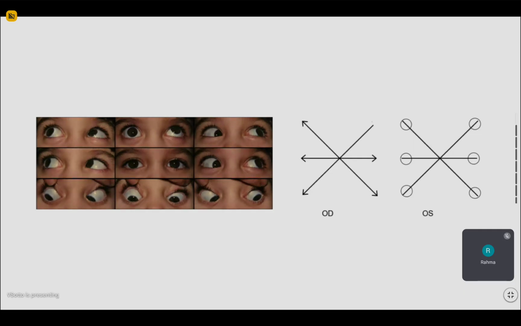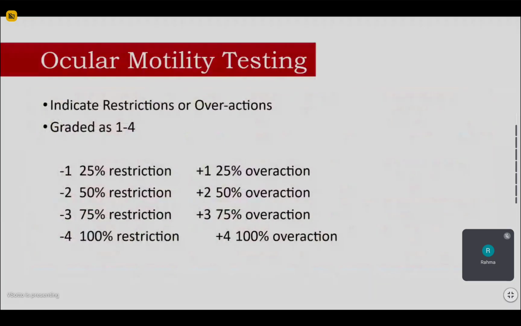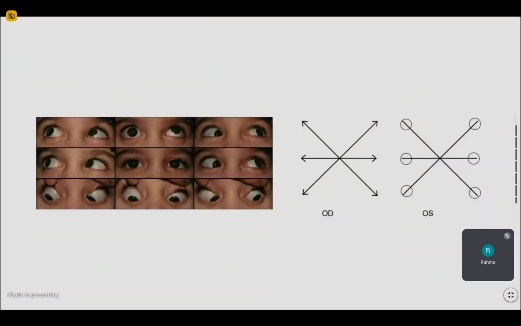We also grade it 1 to 4 but minus for the restriction. So if the patient's eye has no movement, then that's the time we say that it's -4. So 100% restriction, no movement at all.